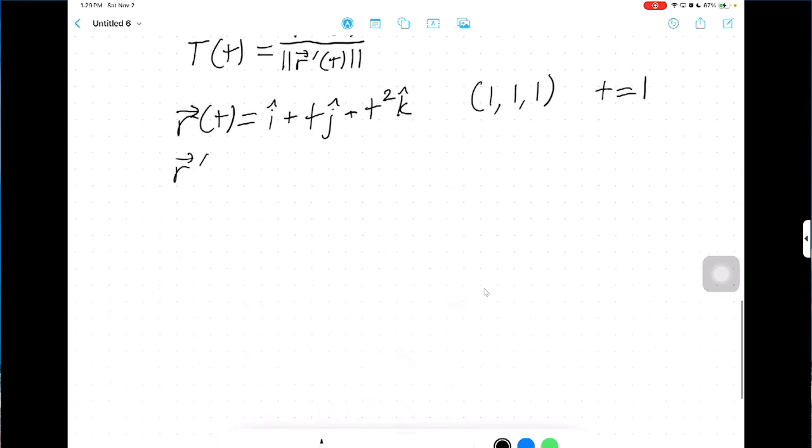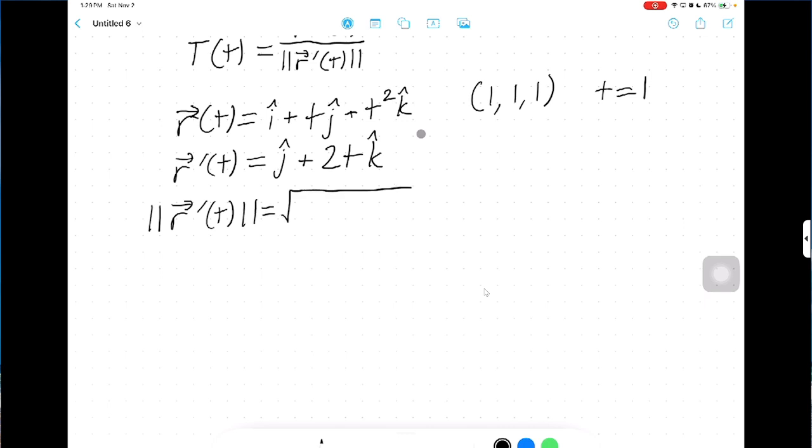So we'd first find the derivative of this. So the derivative of 1 is 0. The derivative of t is going to be 1, so we'd have j. And then the derivative of t squared is 2t, so we'd have 2t k, like this. Now we'll find the magnitude of this, which if you remember the magnitude formula, that's going to be the square root of the individual pieces, and then squared. So in this case, we have 1 squared plus 2t squared, like this, which is going to be 4t squared plus 1.